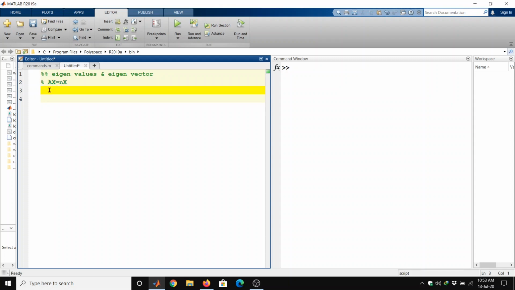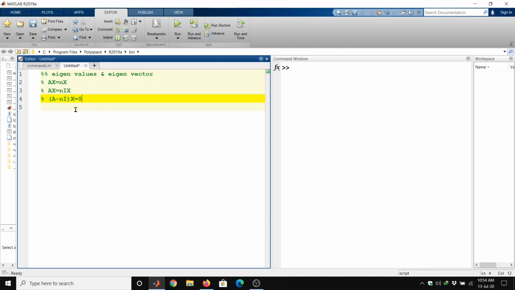Or we can write here capital A capital X is equal to small n capital I into capital X. So the final equation becomes (A minus nI) times X is equal to 0.